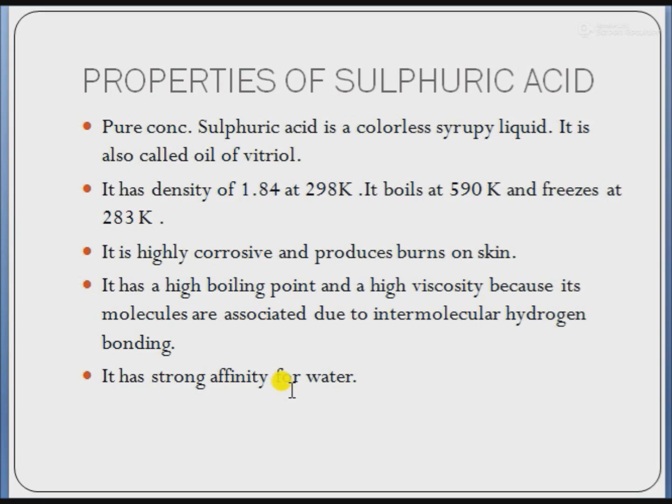We always prepare dilute sulfuric acid by adding acid slowly to the water, not water to the acid, because it is an exothermic reaction. It produces large amount of heat which may spurt the acid out of the container.